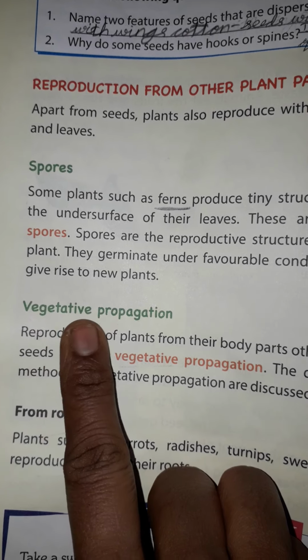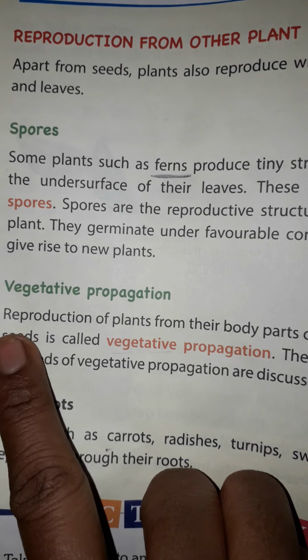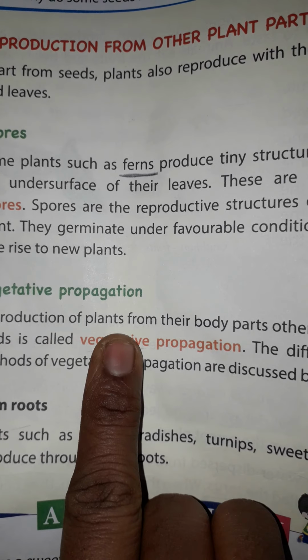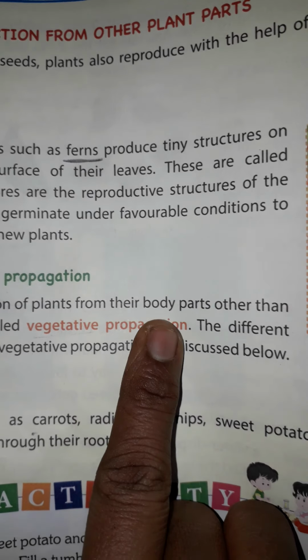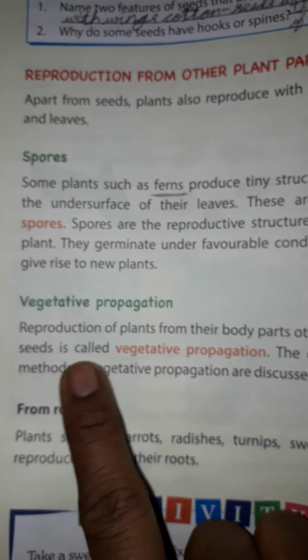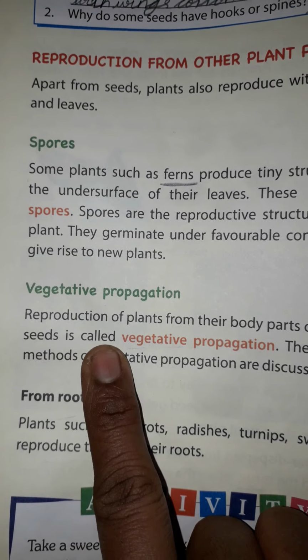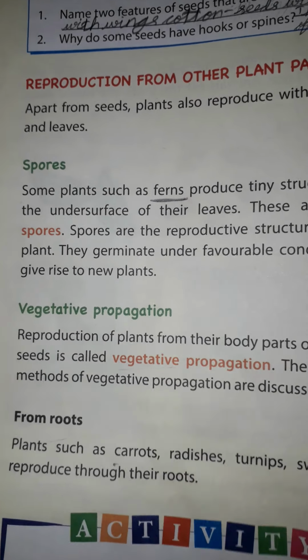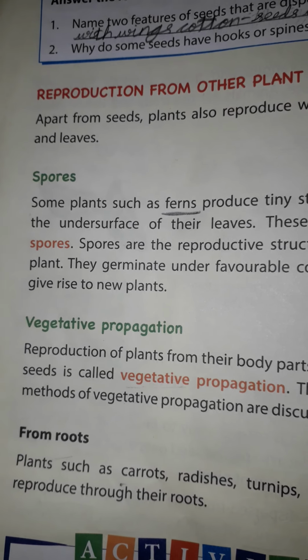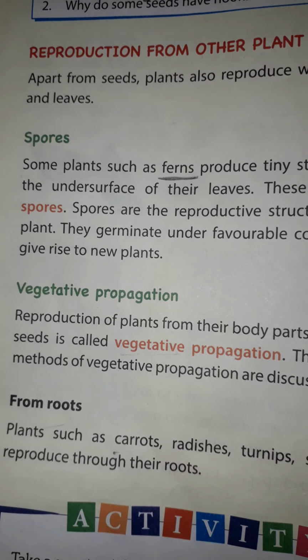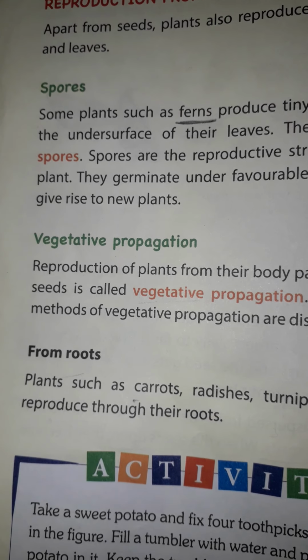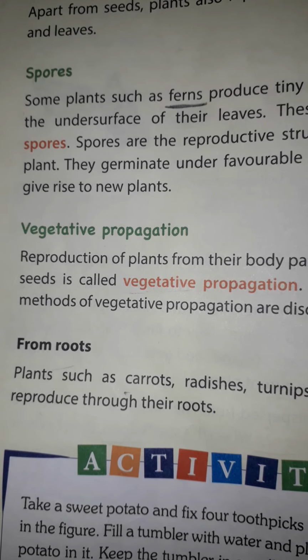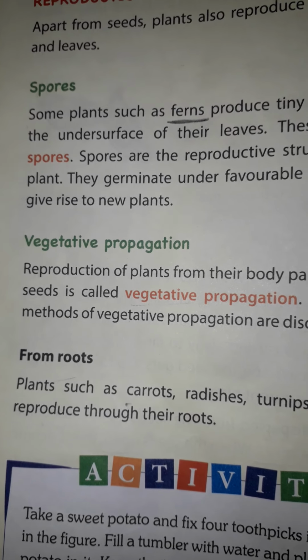What is the meaning of vegetative propagation? Reproduction of plants from their body parts other than seeds is called vegetative propagation.